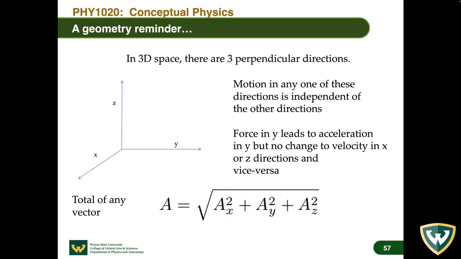Now, in general, when we throw things, when we do things in human space, we are not in 1 dimension or 2 dimensions, but we are in 3 dimensions, right? X, Y, Z, as illustrated here. So when you have motion along 3 perpendicular axes, we can decompose this motion along each of the 3 axes.